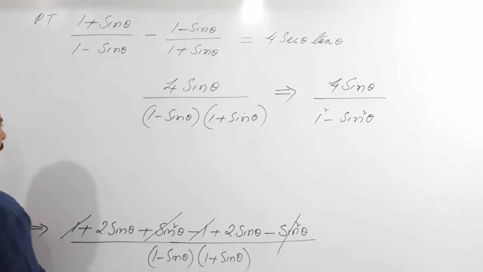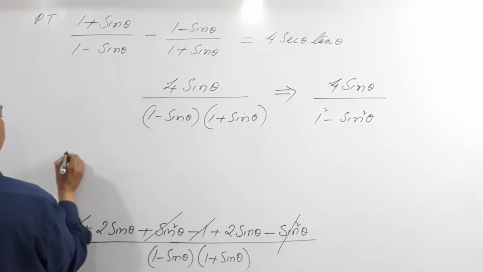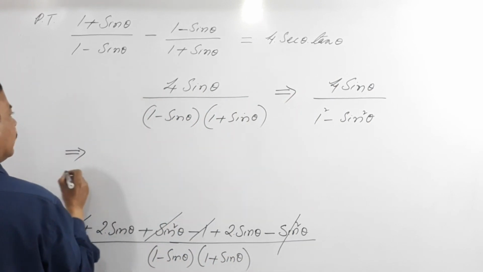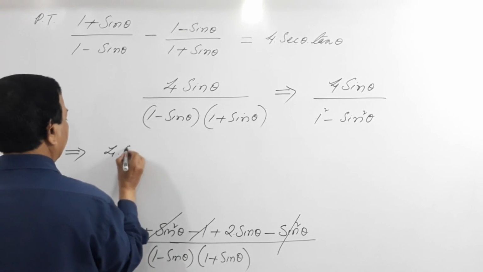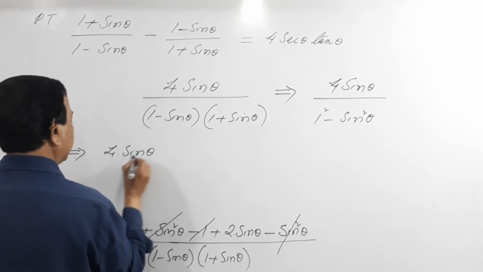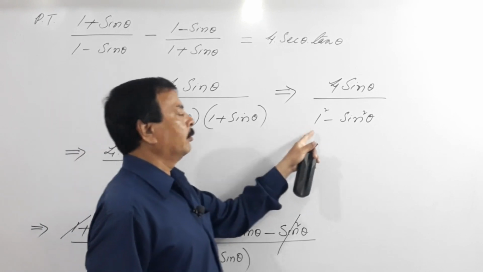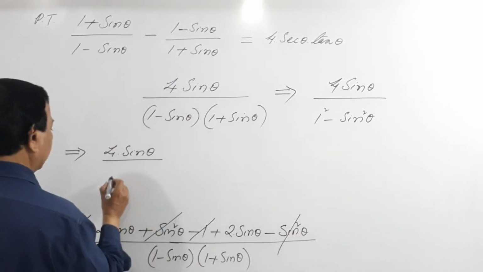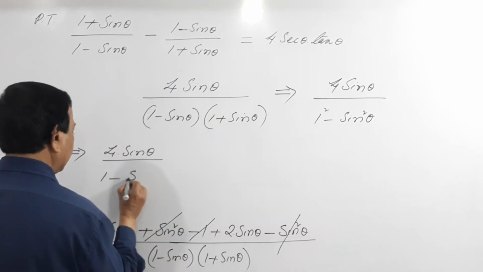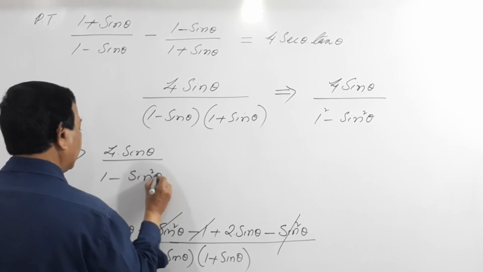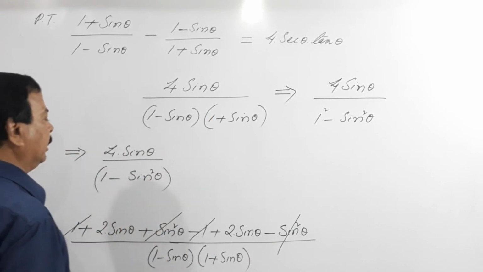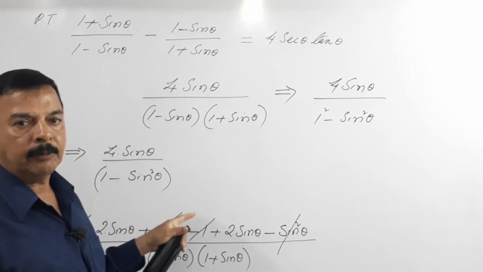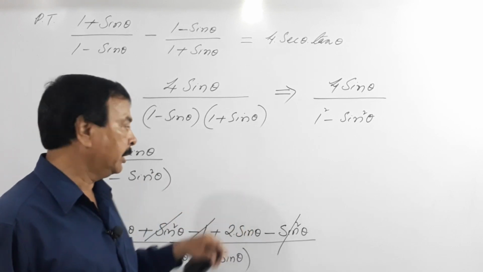That is 4 sin theta, 1 square is equal to 1 minus sin square theta. What is 1 minus sin square theta? 1 minus sin square theta is nothing but cos square theta.